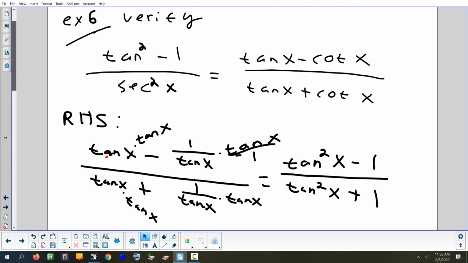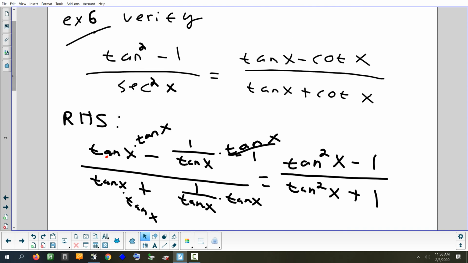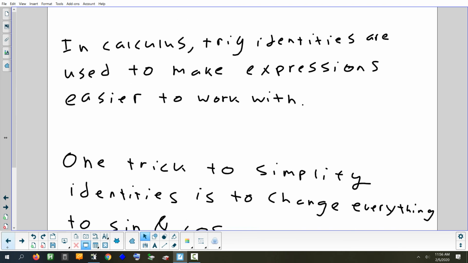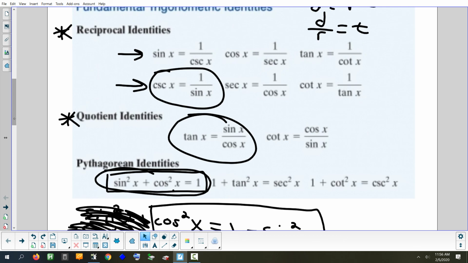So, that's our right-hand side now. The top looks good. That's exactly what we want. The bottom, does the bottom look like what we want? No. Tangent squared plus 1. Let's go back in our notes and look that up. Tangent squared plus 1. Anybody see a formula up there that would help us with tangent squared plus 1?